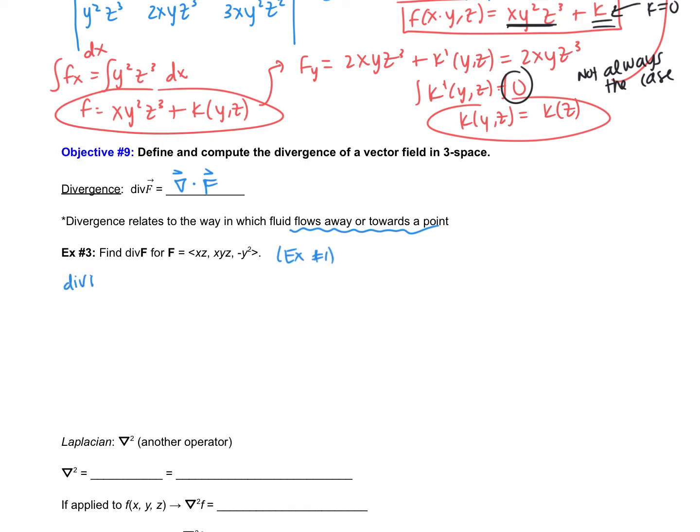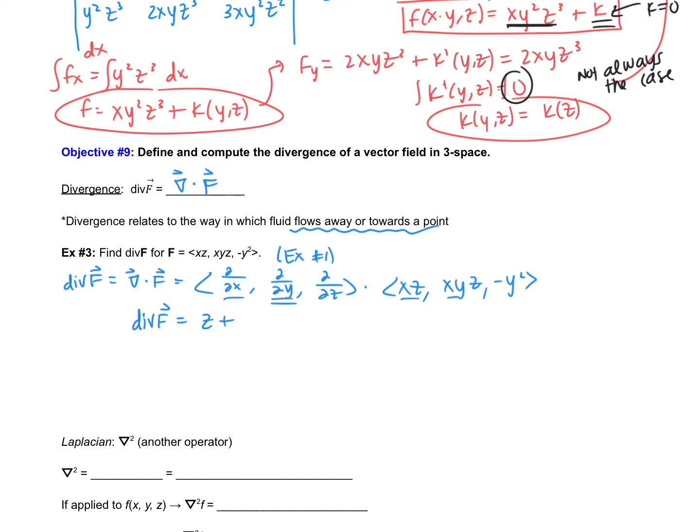So from above, the divergence of f is going to be the gradient operator dotted with f. So gradient is partial with respect to x, partial with respect to y, partial with respect to z, dotted with xz, xyz, negative y squared. So the divergence here of f: partial with respect to x of xz is just z.